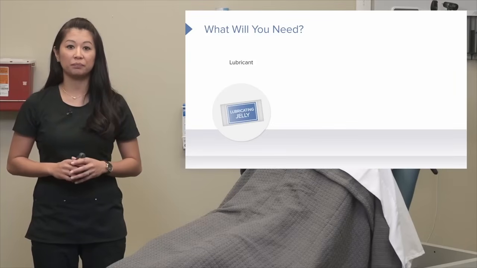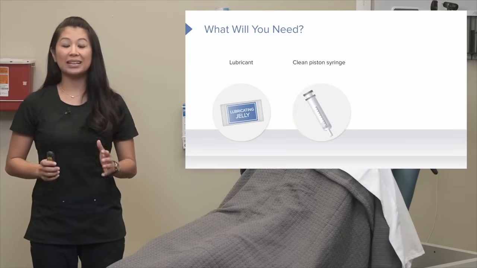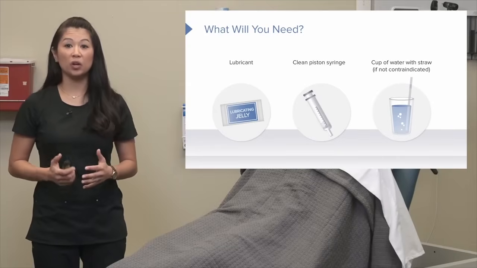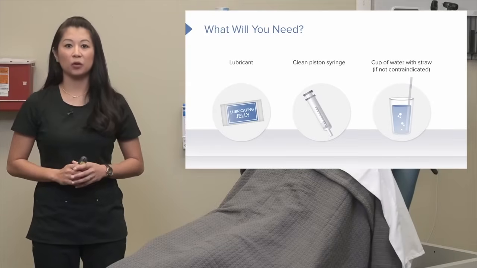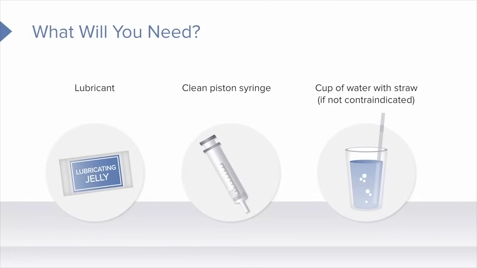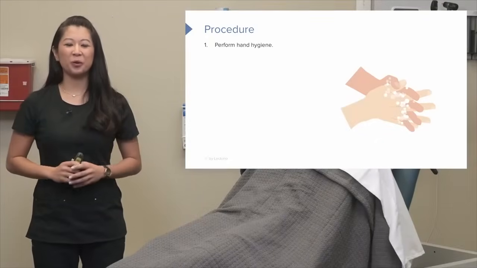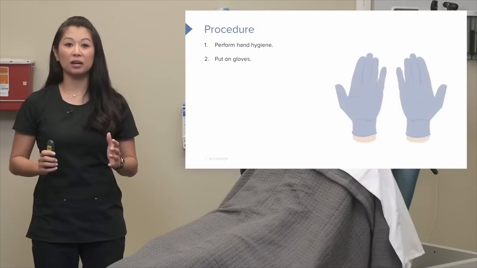We want a clean piston syringe, and a cup of water if it's not contraindicated for the patient. This helps the patient swallow for advancing of the tube. Before we get started, we perform hand hygiene and put on our gloves.